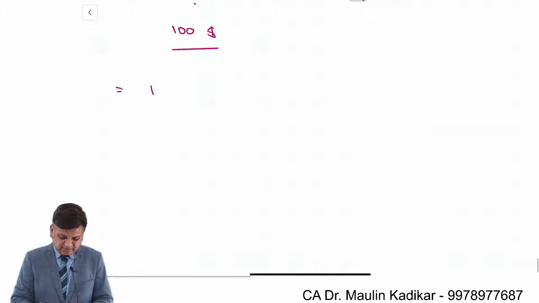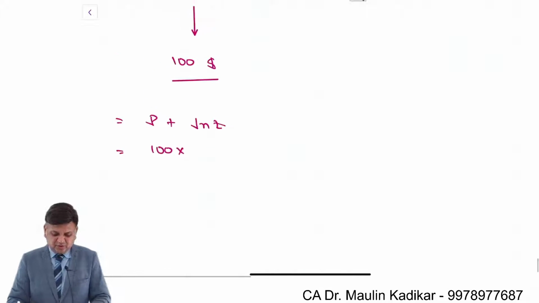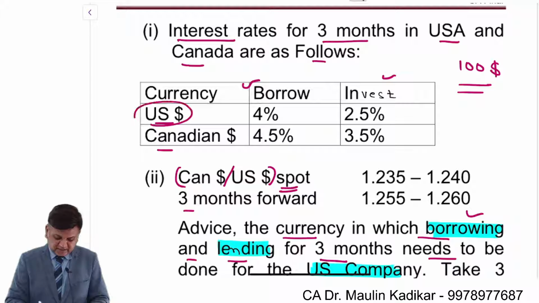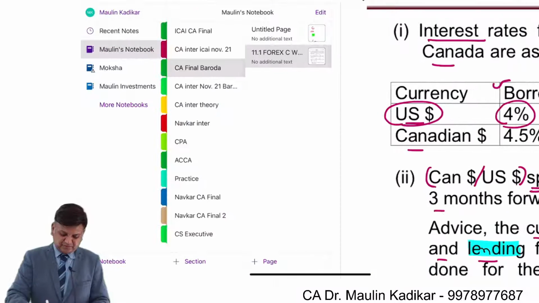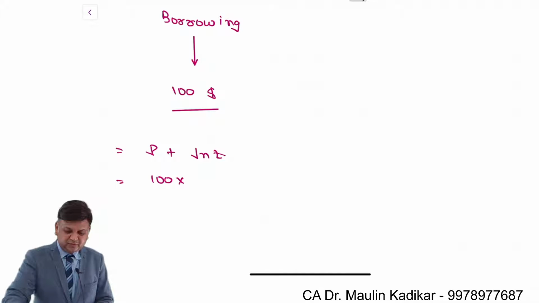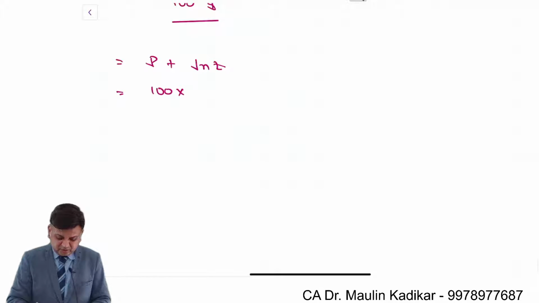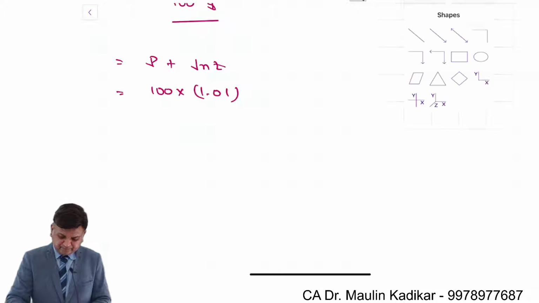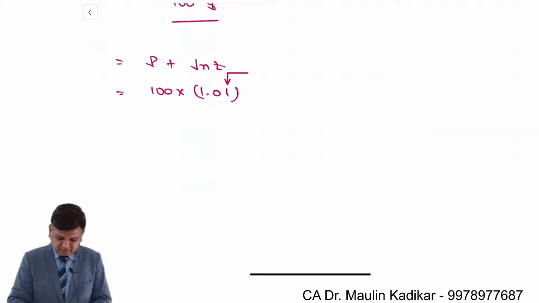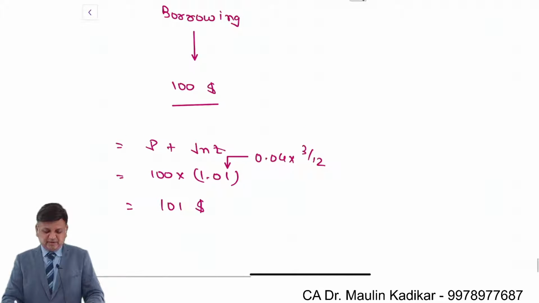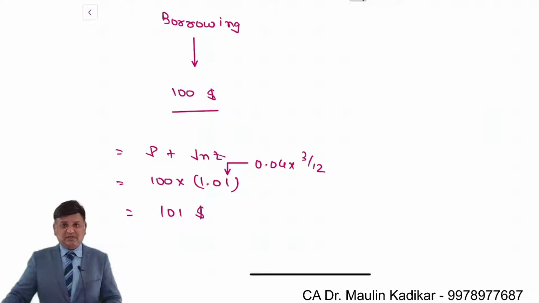In that case, principal plus interest: 100 into, for dollar currency the borrowing rate is provided as 4%, so 0.04 into 3 divided by 12, that comes to 0.01. So 100 into 1.01. So $101 is the repayment of the loan if you borrow in dollar currency.